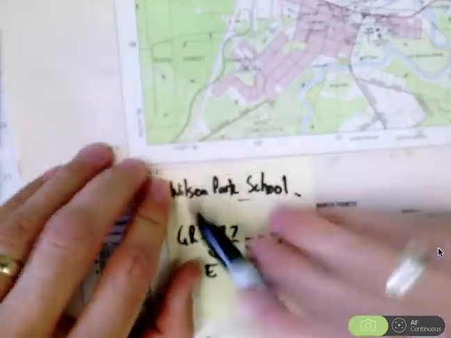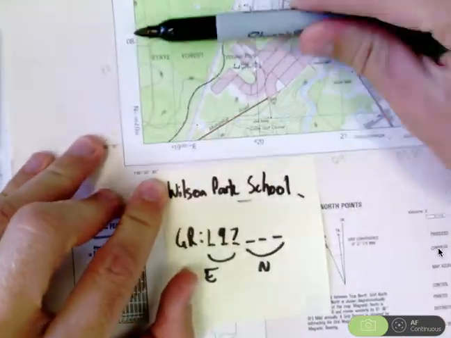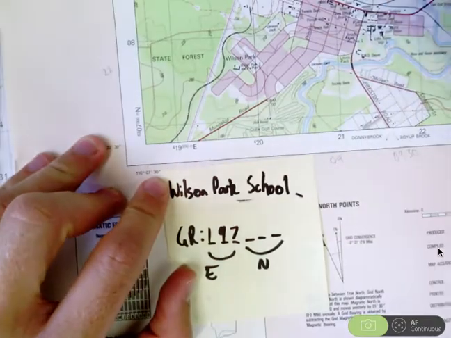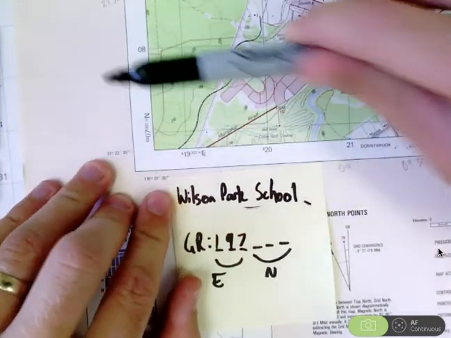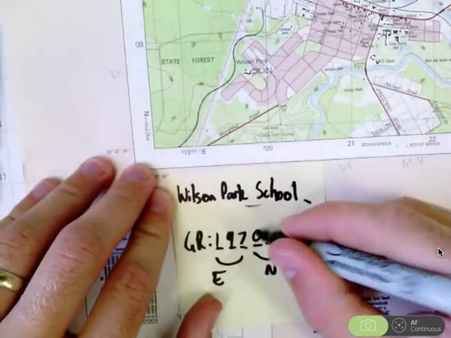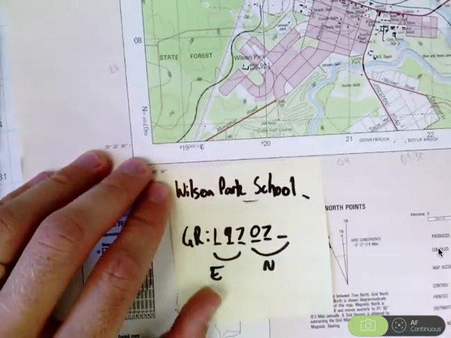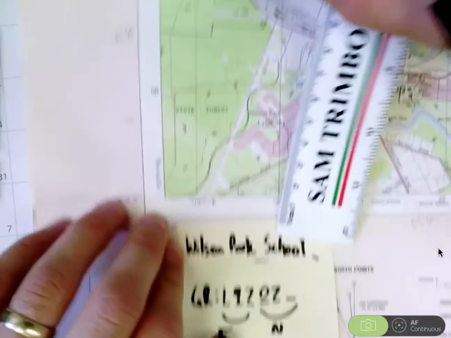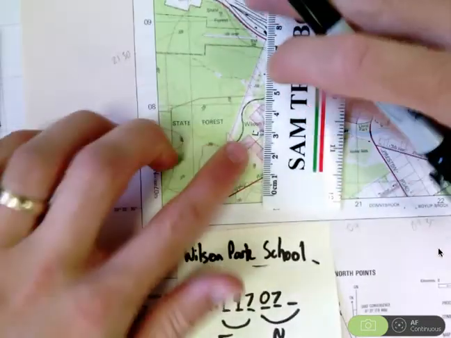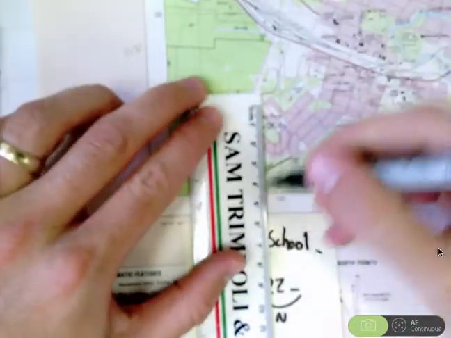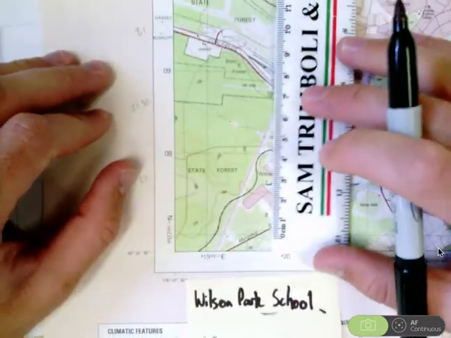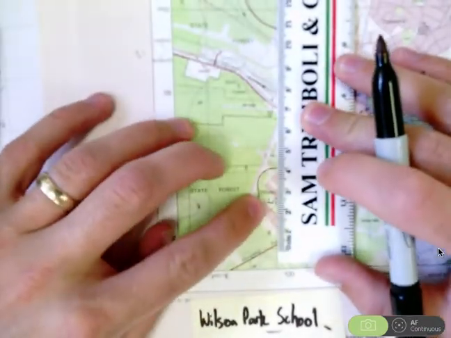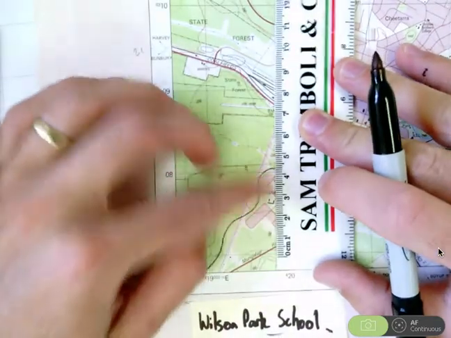The next one, we're going up the stairs. We can see that we're going up. Make sure you don't go down, because if you're going down you'd see it as 08, but it is actually in the 07 square. Now remember, a lot of people put their ruler going down and see how far down it is. Make sure you're going up. So again, we can see that the box is 4 centimeters in total.